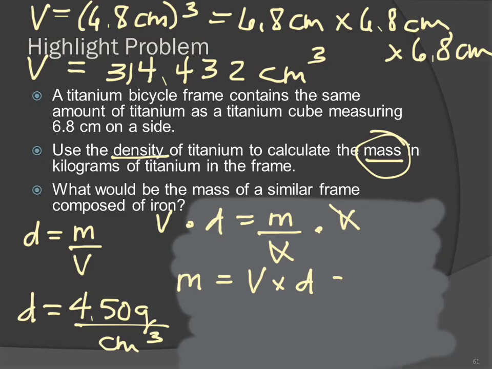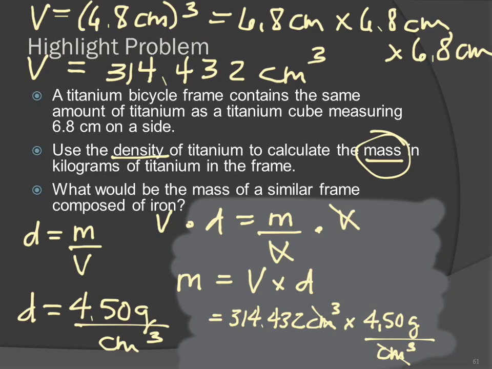So volume times density, the volume was 314.432. That's not enough room to go down a line. So this equals 314.432 cubic centimeters, always, always, always put the units in there, times the density, which was 4.50 grams over cubic centimeters.